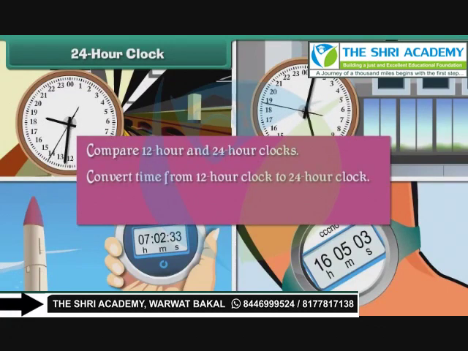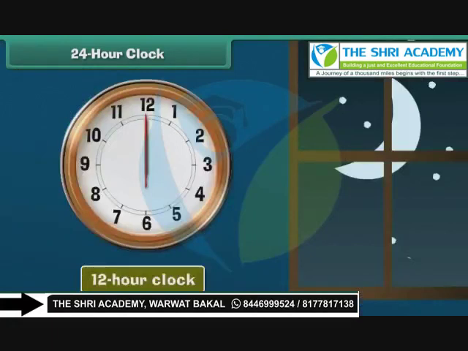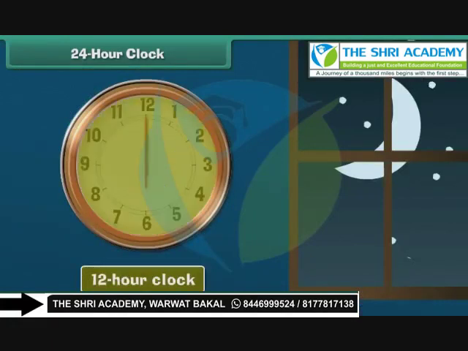Convert time from 12-hour clock to 24-hour clock. Convert time from 24-hour clock to 12-hour clock. Let us learn in detail. Comparison with 12-hour clock. This is a 12-hour clock.